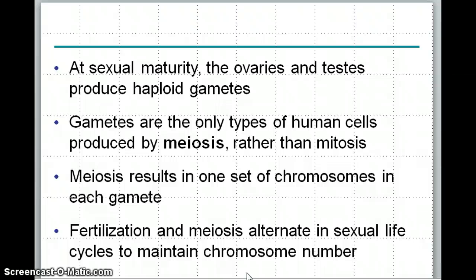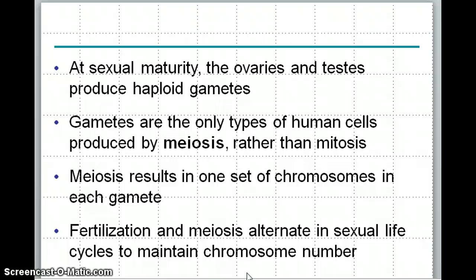So that's why it's very important that the meiosis process halves the number and maintains the gamete number at just a haploid number.